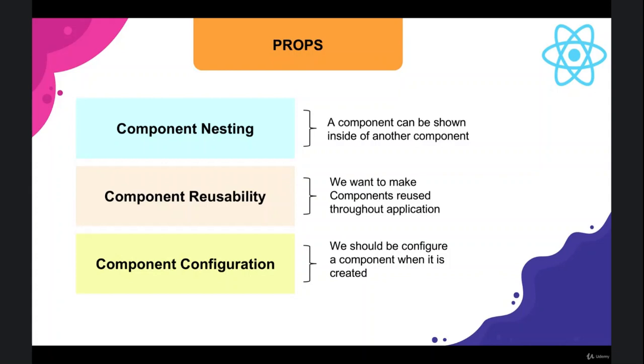For example, one button might need to have the background color red, and another button might need to have the background color blue, and both of those buttons might need to do different things. So we need to make sure that when we create different components, we have the ability to somehow customize them when they are created. Okay, so these are the three big topics that we're going to start in, each with their specific video.